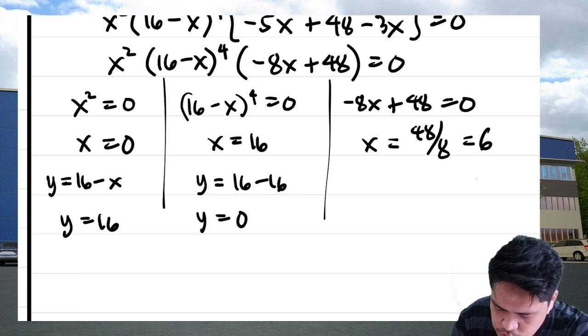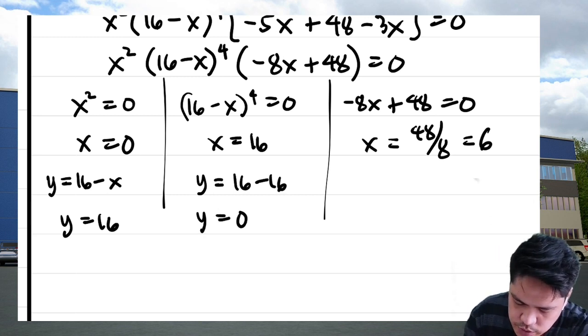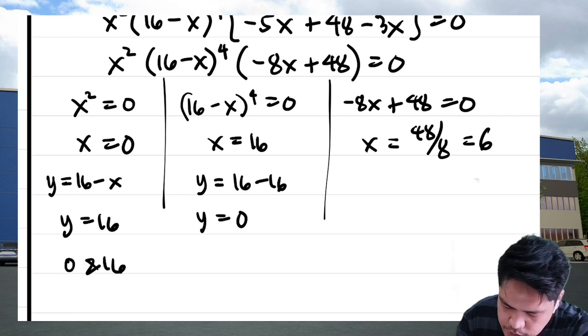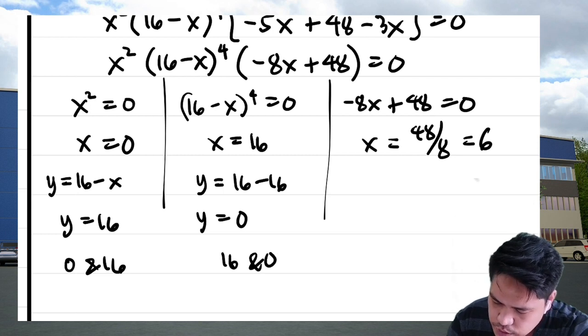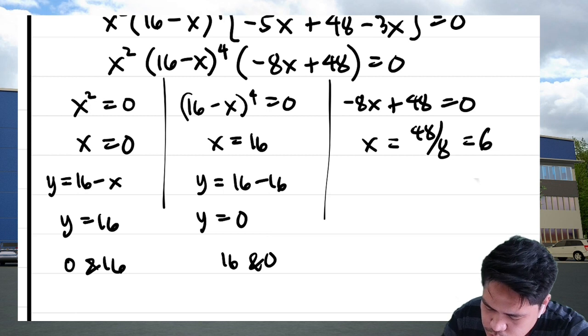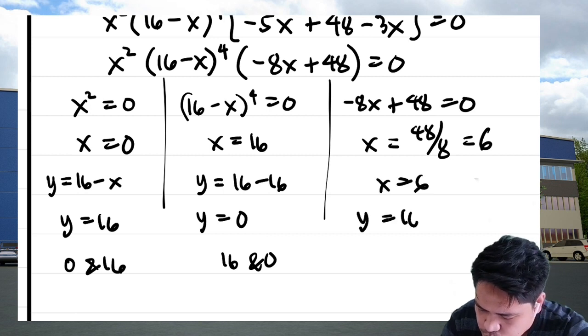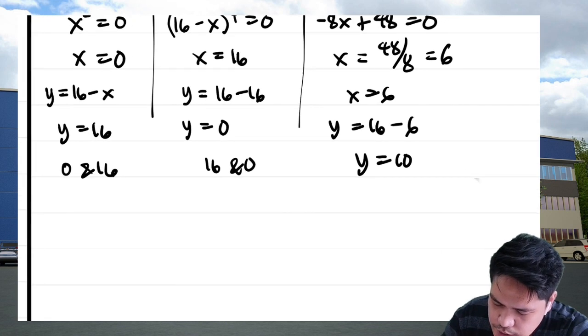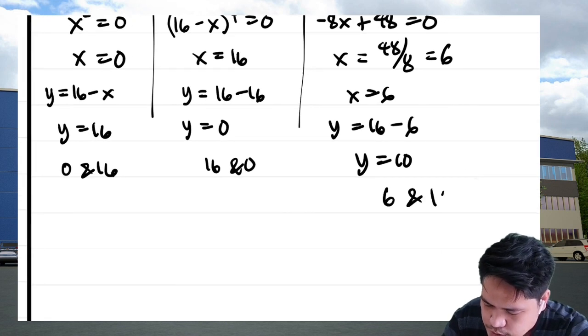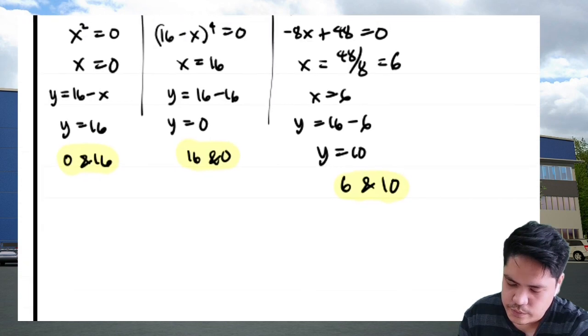So here the values are 0 and 16, here the values are 16 and 0, and when x is equal to 6, y is equal to 16 minus 6, so y is equal to 10. So the values here are 6 and 10. These are not coordinates.